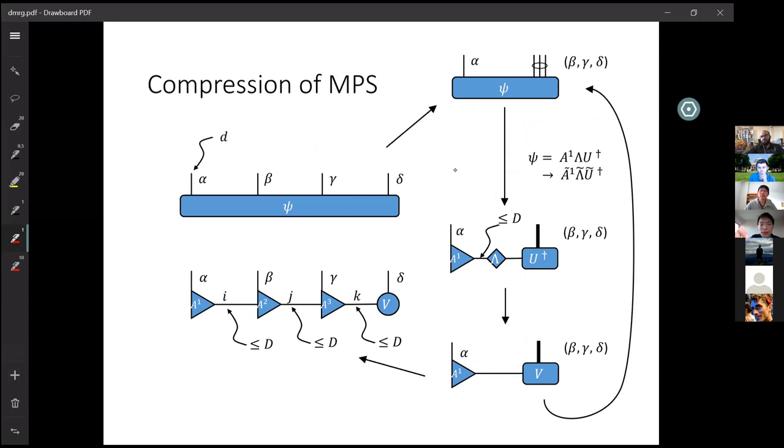We have explained how you can reduce a general wave function into a matrix product state, right?